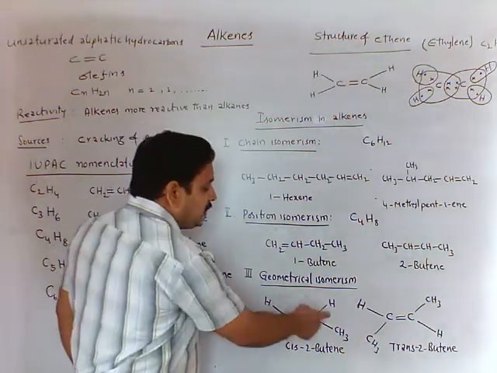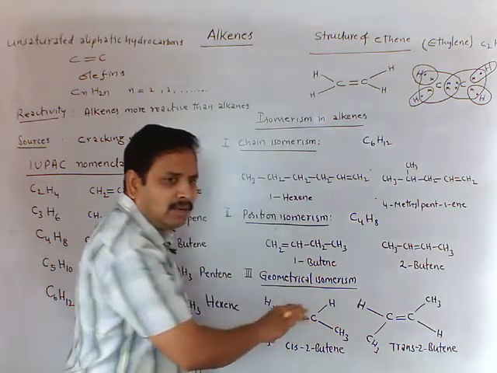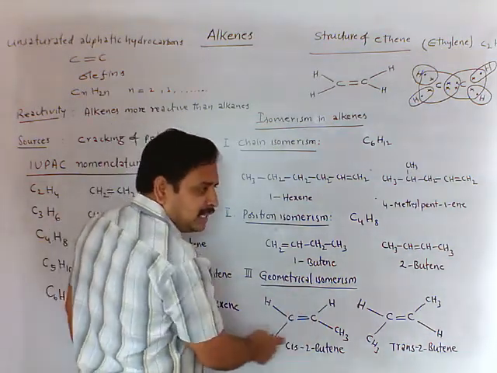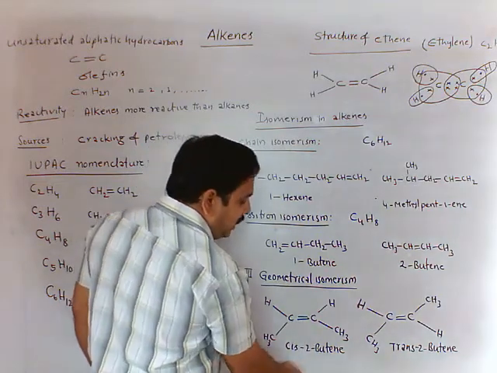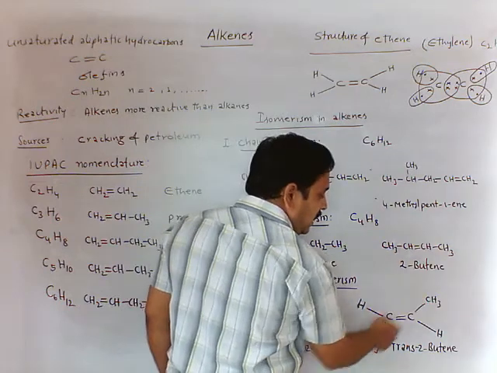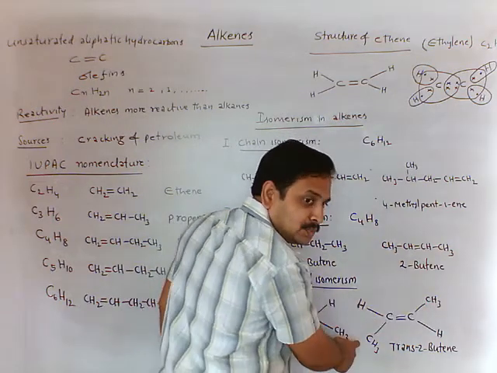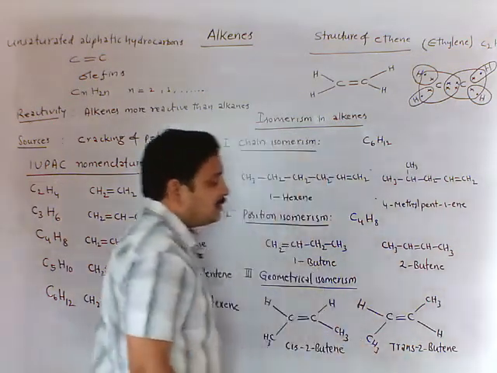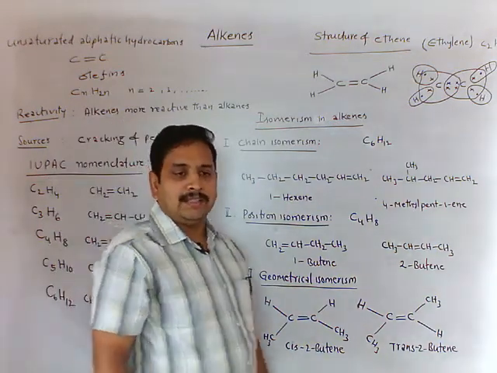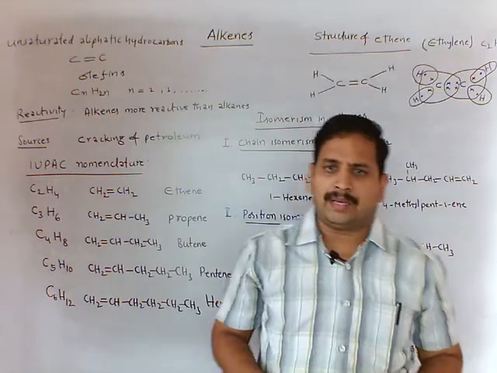Here around this double bond we have different groups. Here these two groups lie on the same side of the double bond, that's why it is cis-2-butene. Here these groups are present across the double bond in space, that's why these are called trans-2-butene. So these two forms are called geometrical isomers.